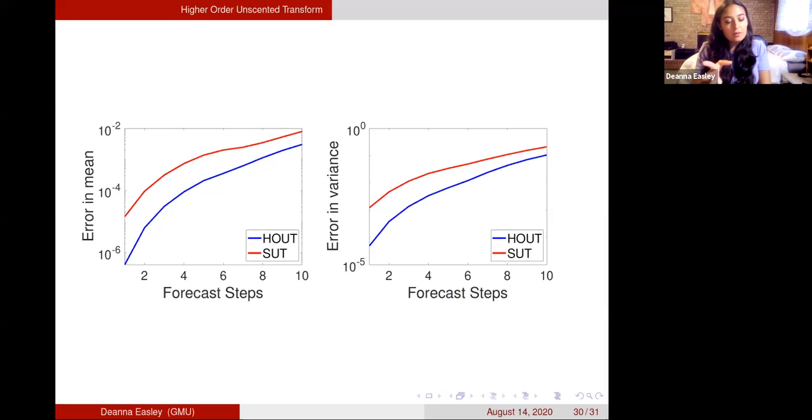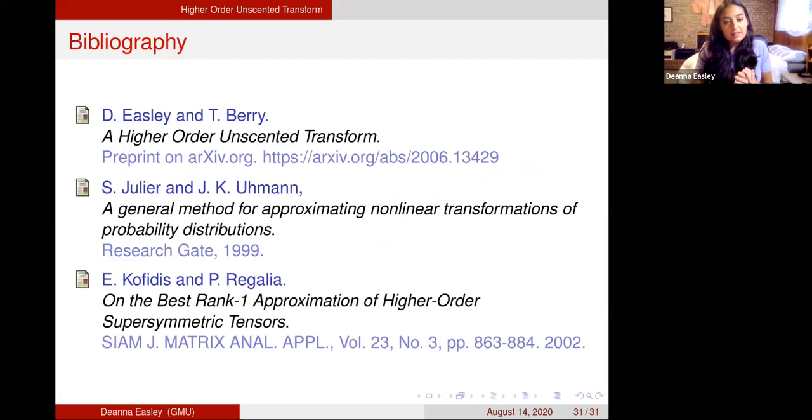And here are the prediction errors that we get when applied to the Lorentz dynamics. Once again, we see improved estimate of the mean and variance with our transform compared to the unscented transform. And here's the bibliography, and here's where you can check out our upcoming paper. I'm now happy to answer questions.